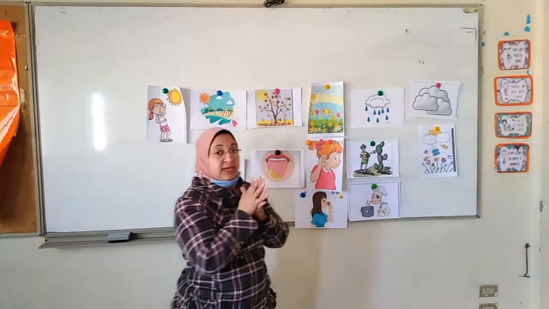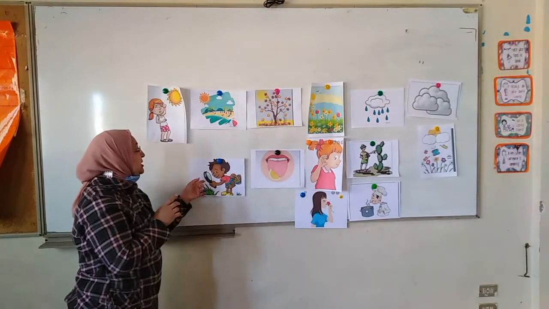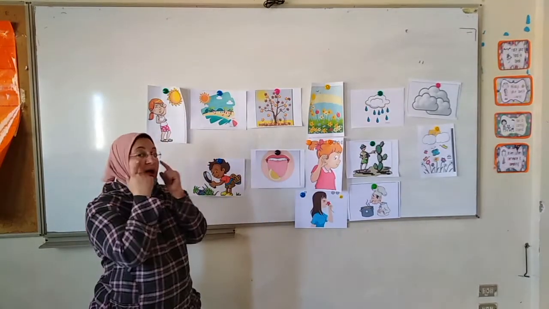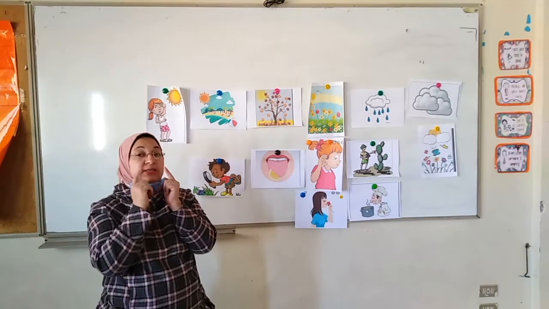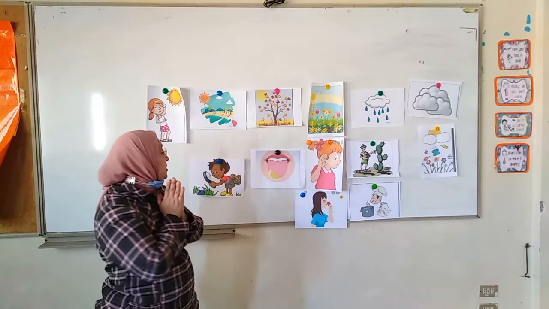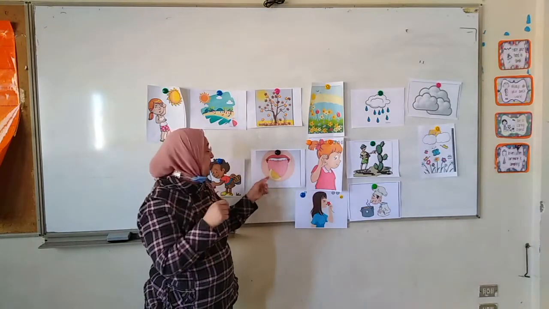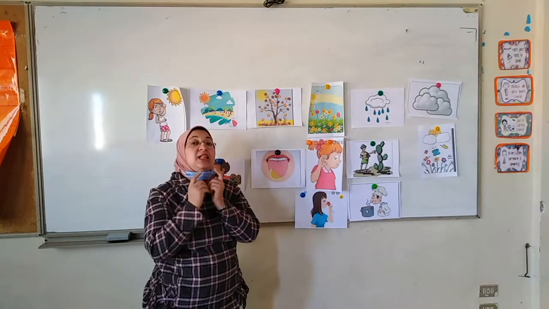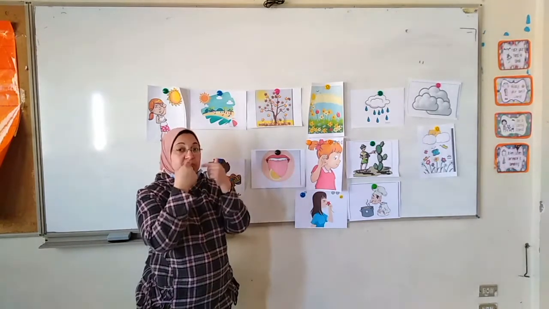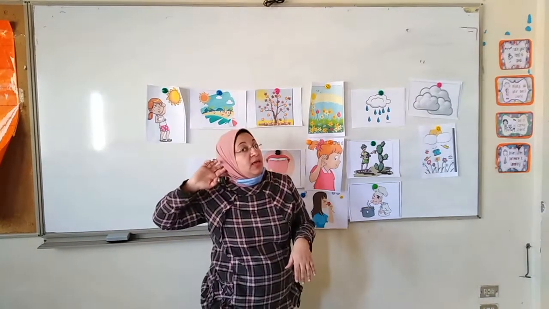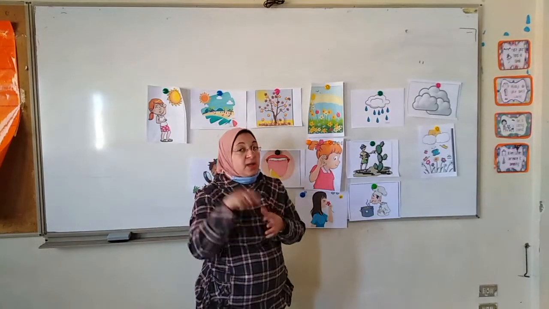So let's revise again our 5 senses. Sight. Sight means to see. I can see with my eyes. Taste. And I can taste with my tongue. Hear.